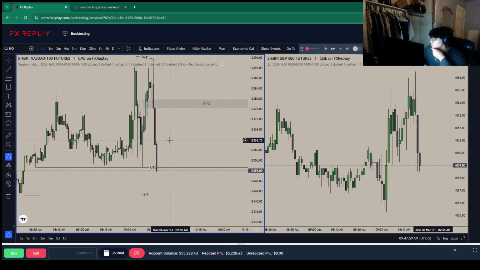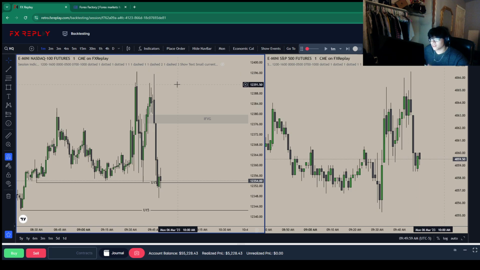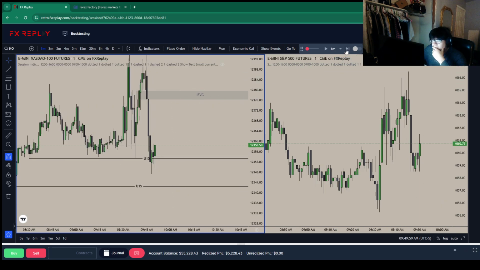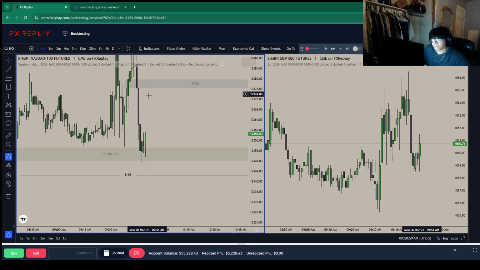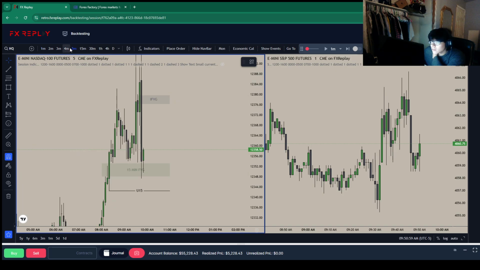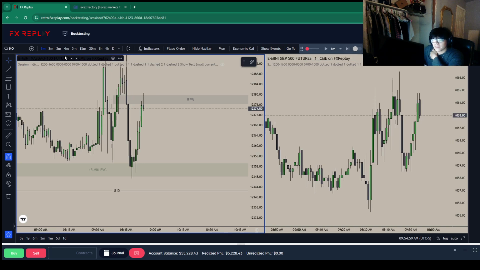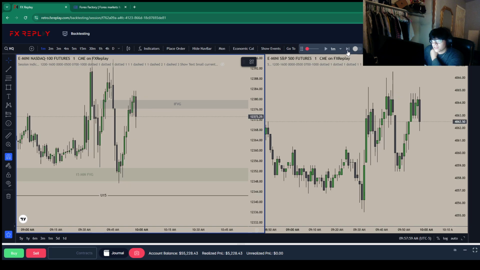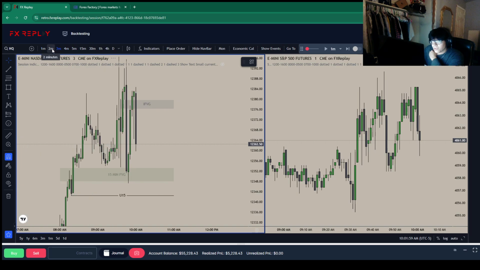So the 2-minute inversion is probably our best bet here, but we can click through here, see if we can get anything we like. Inside this 15-minute. No 5, no 4.